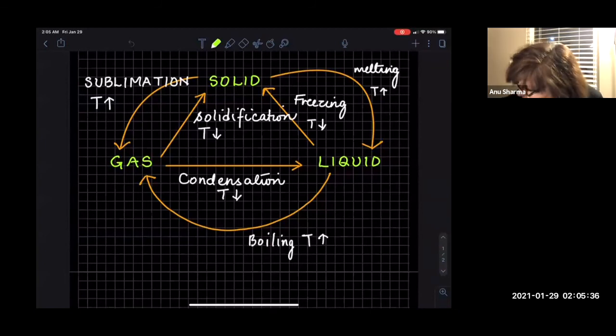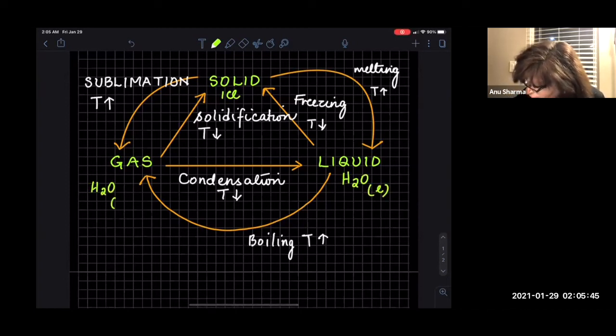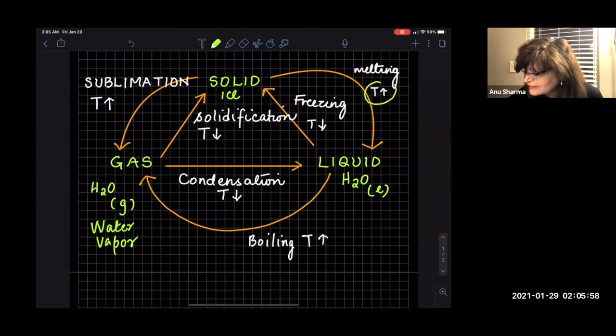Here is your ice, here's your water in liquid form, and here's your water in vaporized form, or water vapor. You take ice and bring it to room temperature, or increase the temperature. When you increase the temperature, the ice begins to melt and converts from a solid to a liquid state. Now you take that liquid water and you heat it.